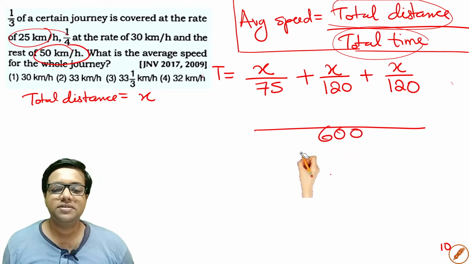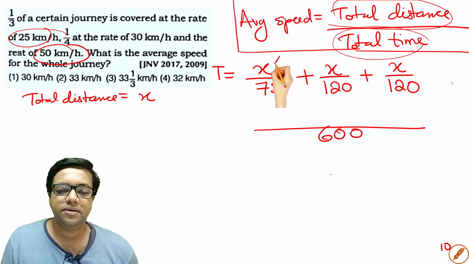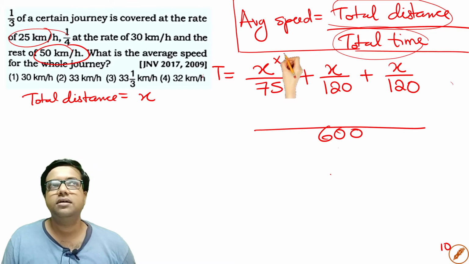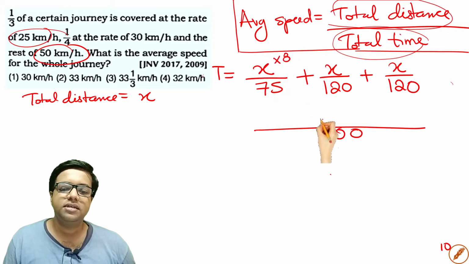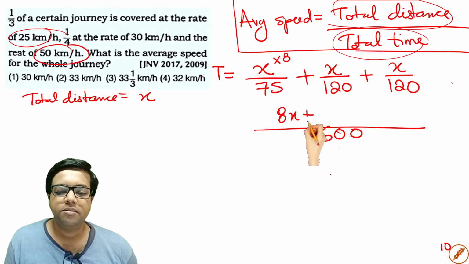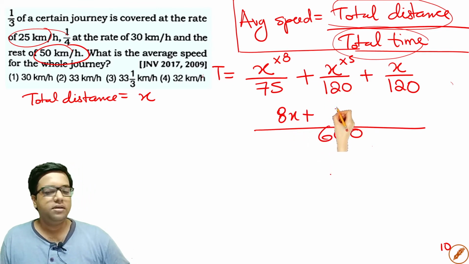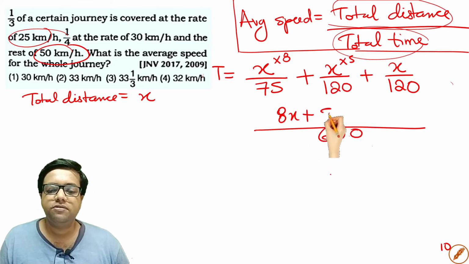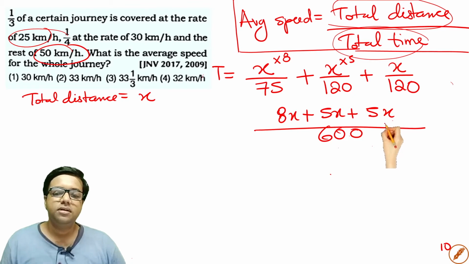So 75 8s is 600. So it will give you x into 8, 8x, plus 120 into 5s is 600. So x into 5, 5x, and here also the same will come because there also the denominator is 120, so you will get the same numbers. So now what will happen?